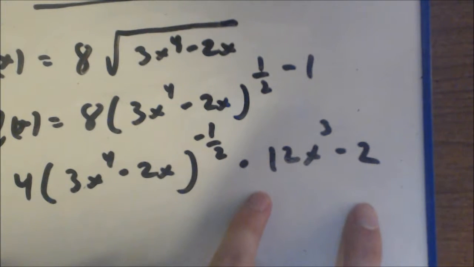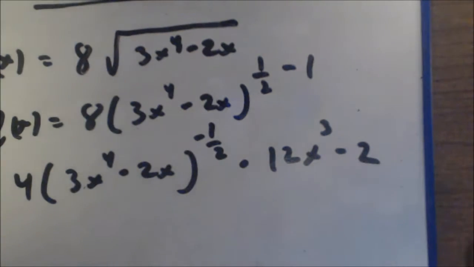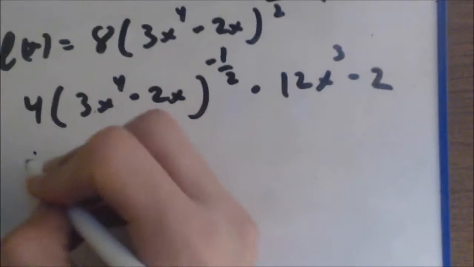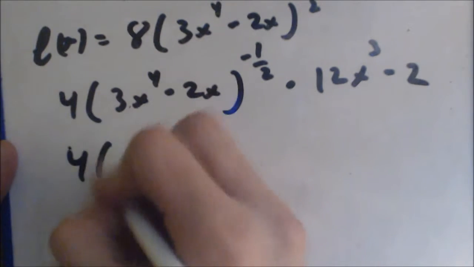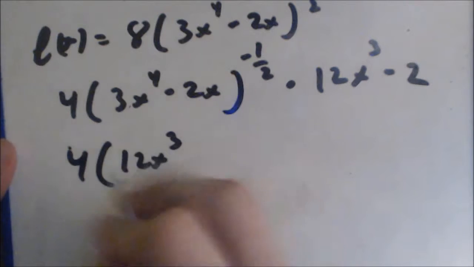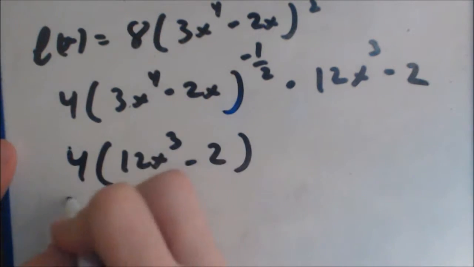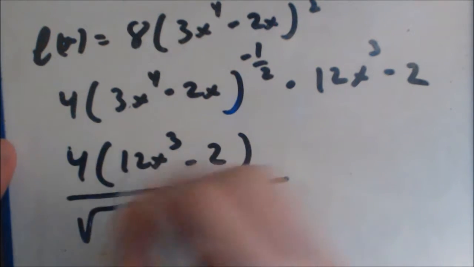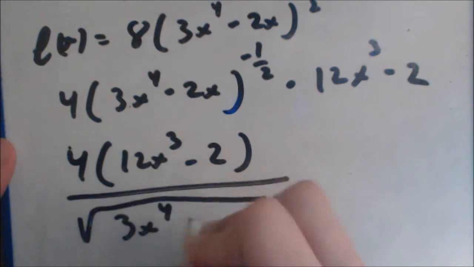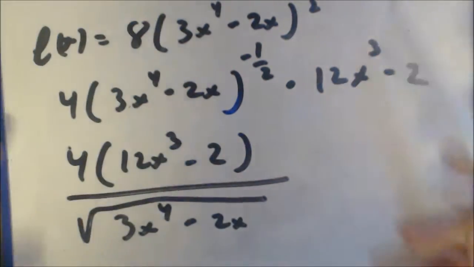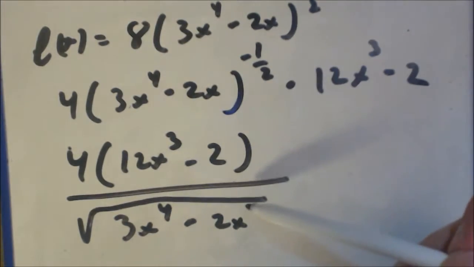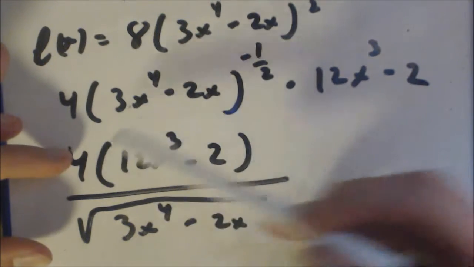And then, depending on your teacher, you don't really have to simplify it. You could technically write the answer as 4 times 12x to the third minus 2, all over the radical of 3x to the fourth minus 2x. Because remember, this is a negative 1/2, so we can bring it downstairs, and this 4 will stay up.